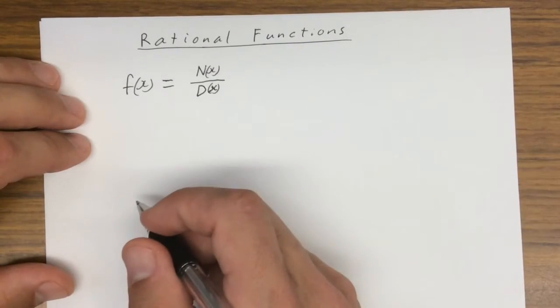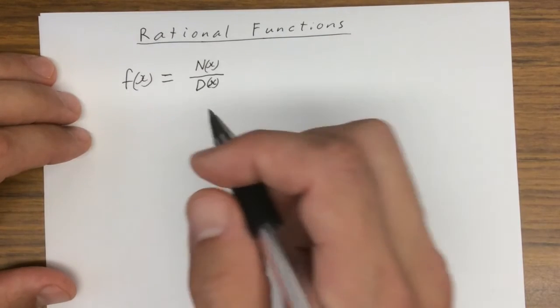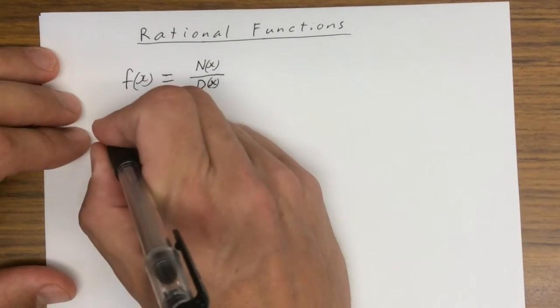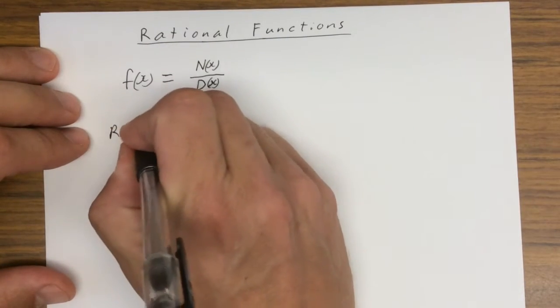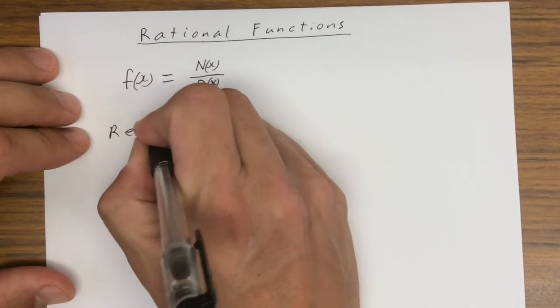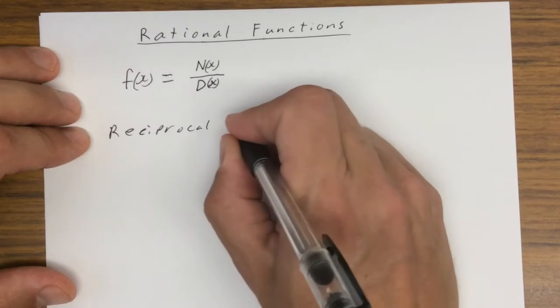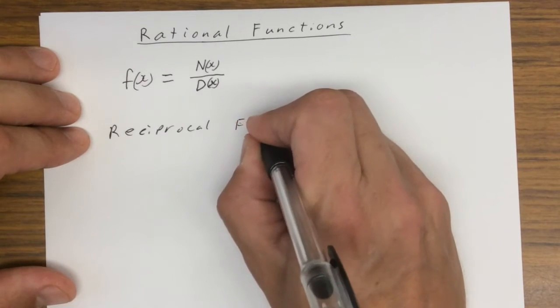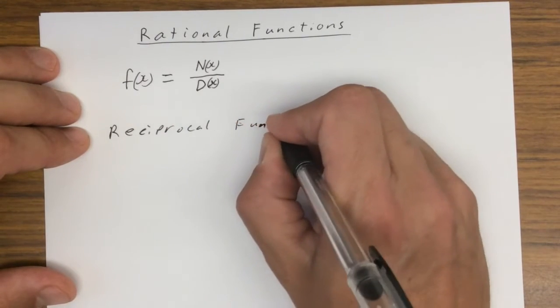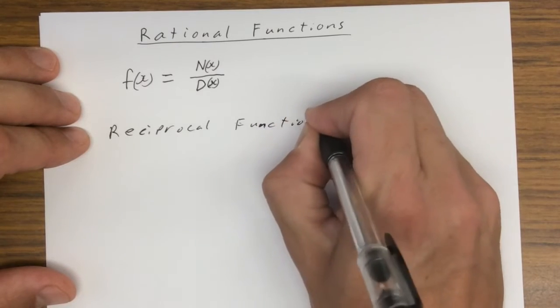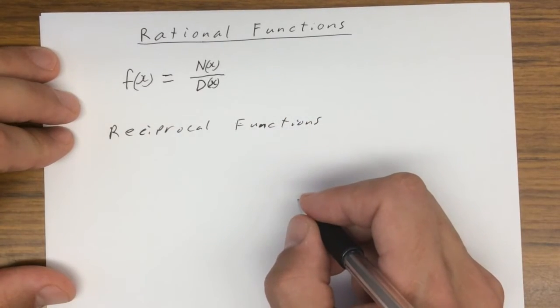Okay, and the first type of rational function that we're going to look at are reciprocal functions. So reciprocal functions are functions where the denominator is a polynomial and the numerator is just 1.